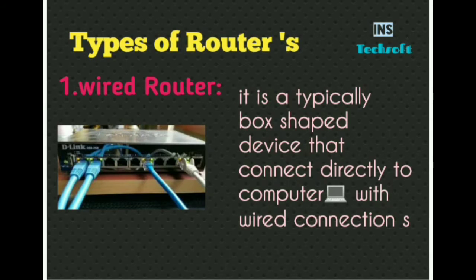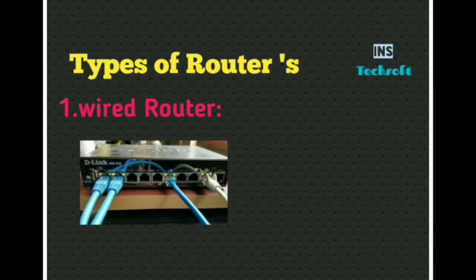See, a wired router is typically a box-shaped device that connects directly to computers with wired connections. Means in this we have a wired connection. Whereas the wireless router works wirelessly, without wires.